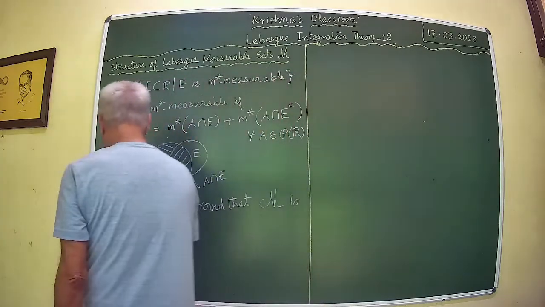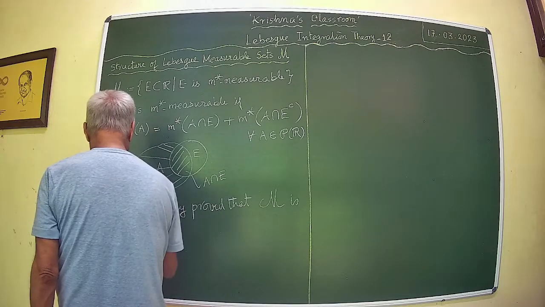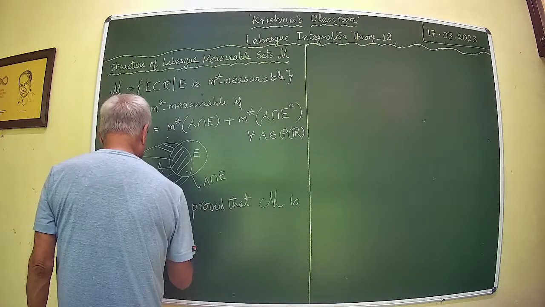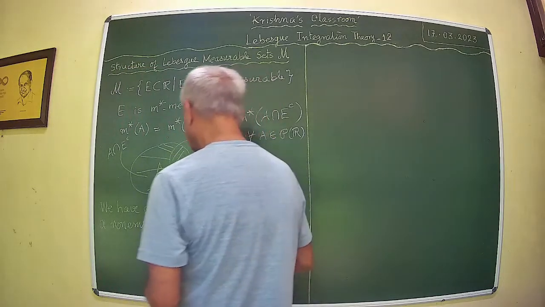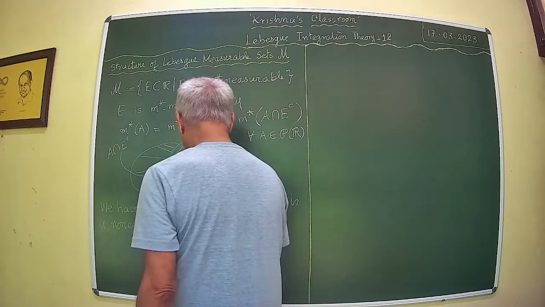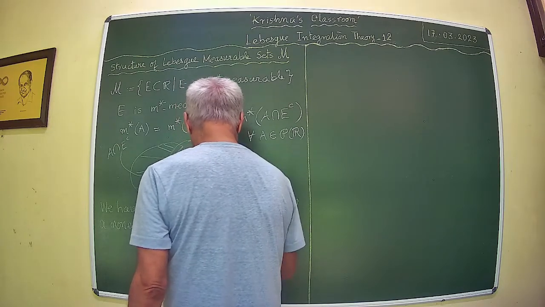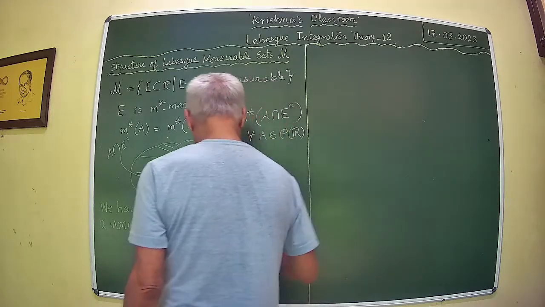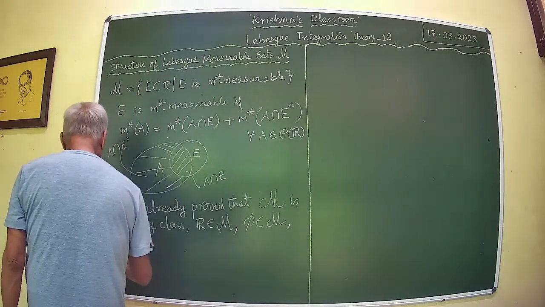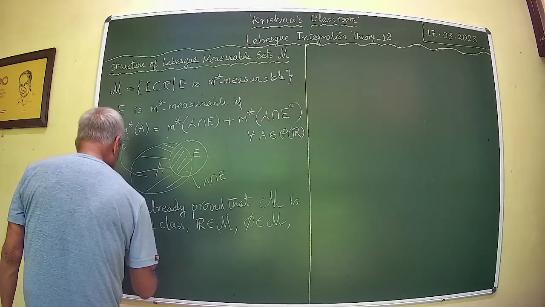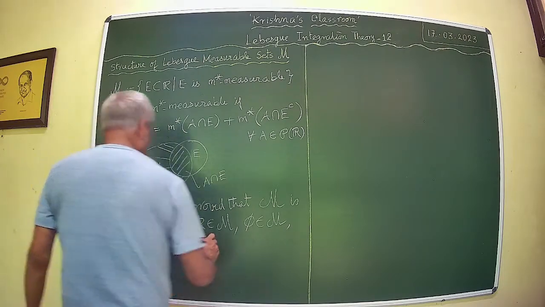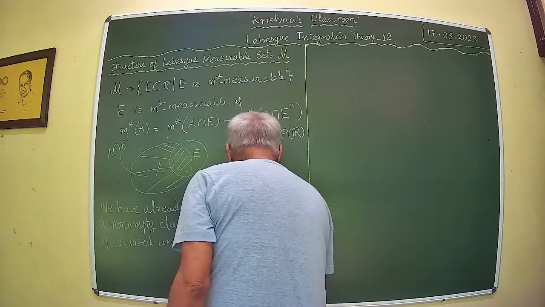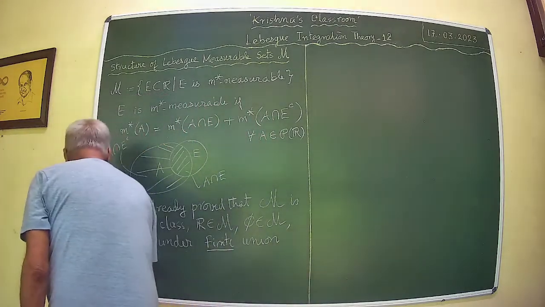We have already proved that M is a non-empty class. R belongs to M, the empty set belongs to M, and M is closed under finite union and intersection.